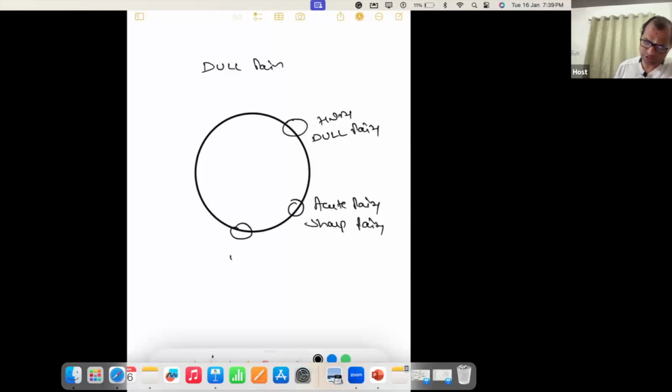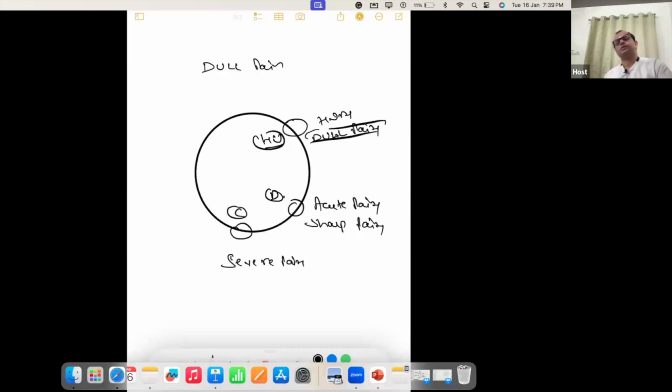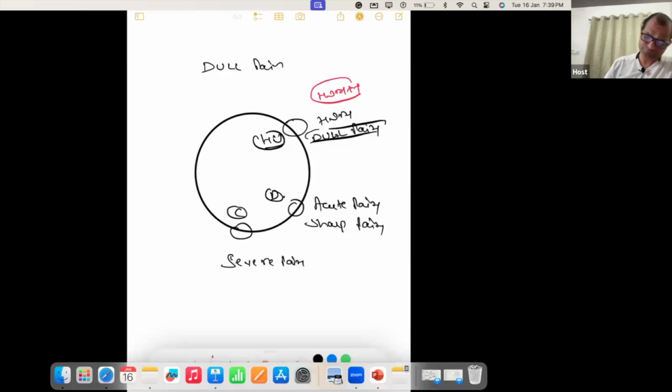And coldness is creating very severe pain. So this is the humidity, dryness and coldness. So dull pain means humidity is plus plus. So we have to calm down the humidity. We have to sedate the humidity. That is our prime goal.